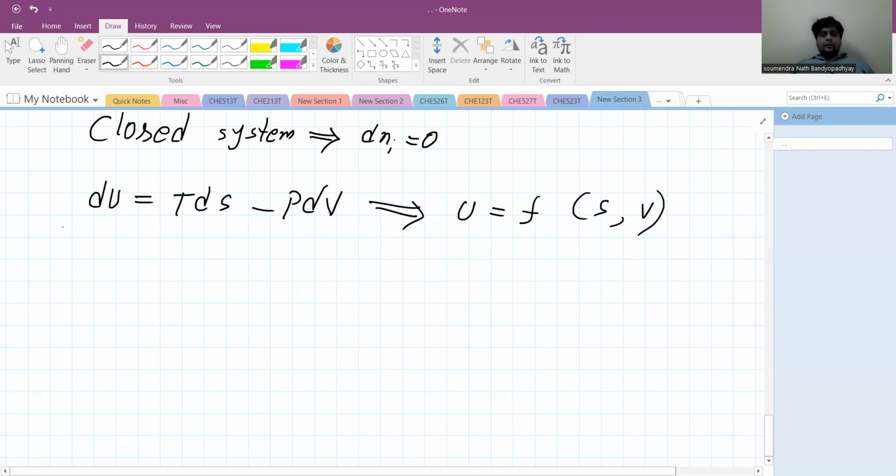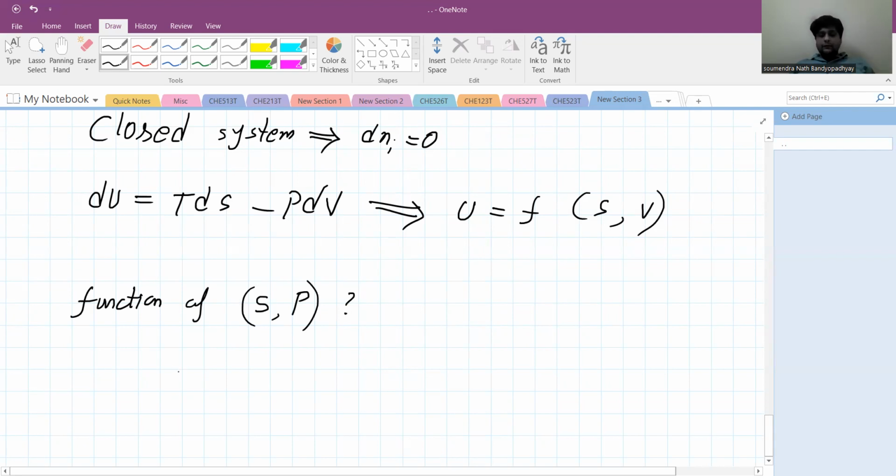Now the question comes, can you construct a function which is, say, a function of entropy and pressure? Can we construct this?